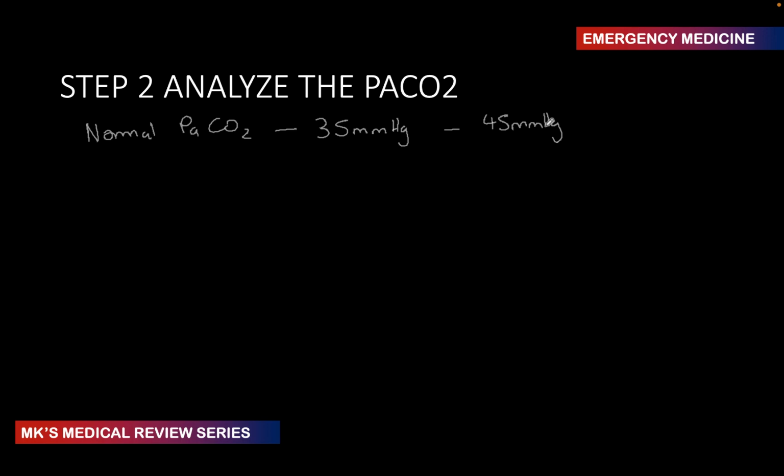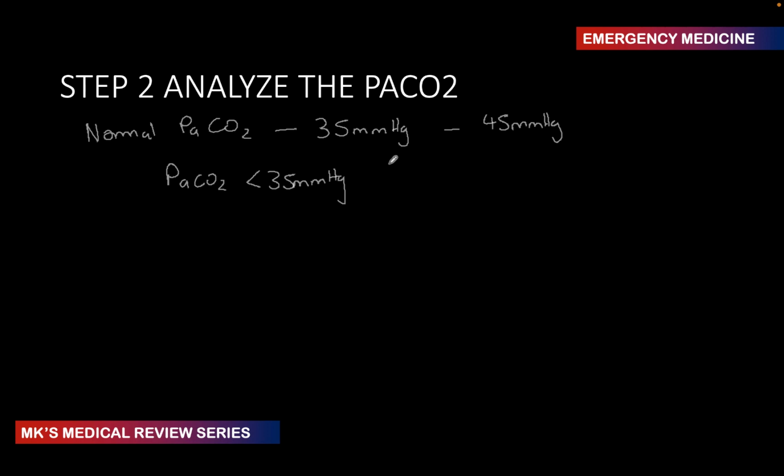It's very important to realize this, because changes in the respiratory system are going to cause changes in the partial pressure of carbon dioxide. So what do I mean? If your partial pressure of carbon dioxide is less than 35 millimeters of mercury, this person has pushed out a lot of carbon dioxide.